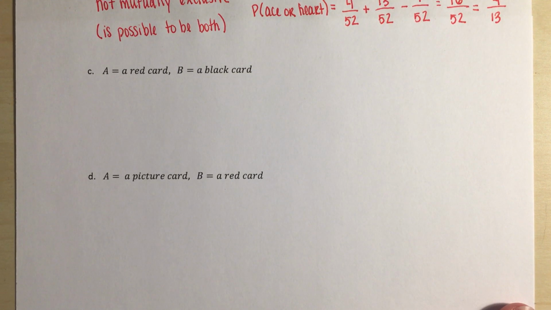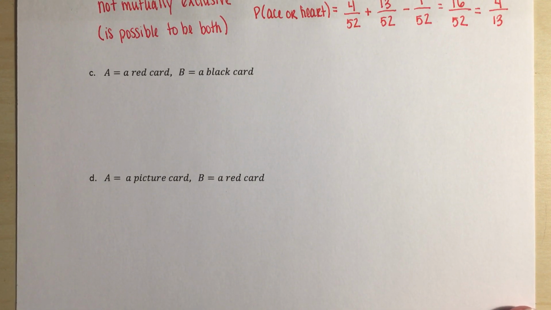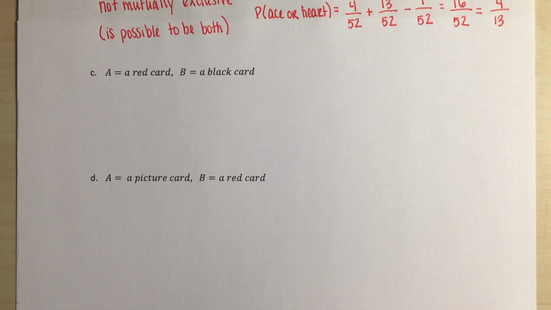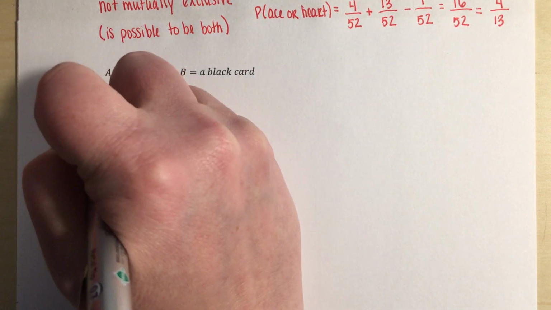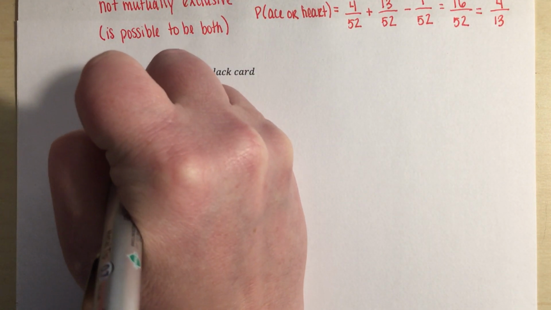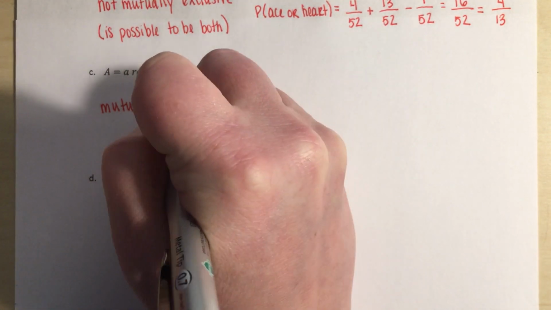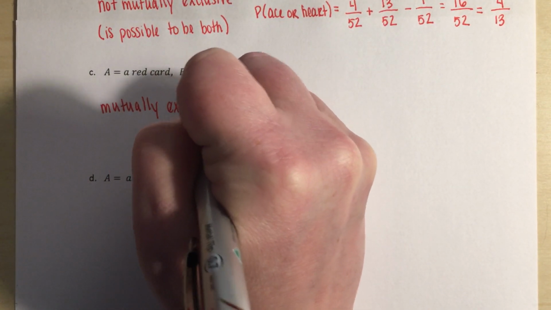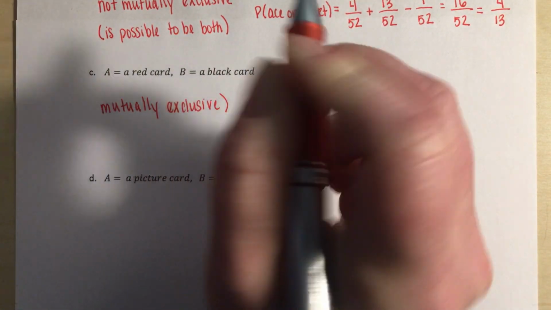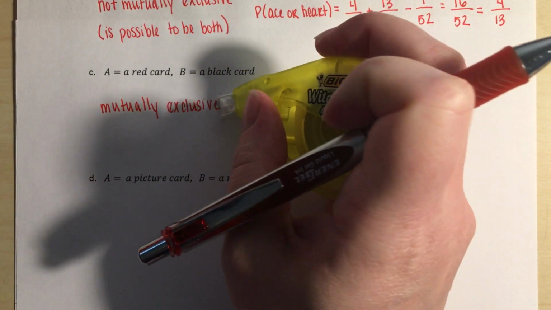All right, so let's do a couple more. Probability of a red card or a black card. This is going to be another example of events that are mutually exclusive. Right? It is impossible to be both.